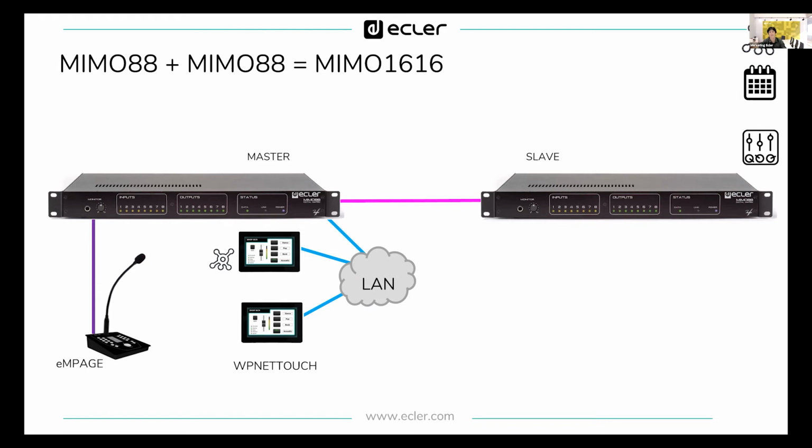In this case, we have a second WPNet touch that will point to this IP of the first one, and the first one will provide UCP panels to the second one. So if this connection is broken, you will not get any UCP panels here.